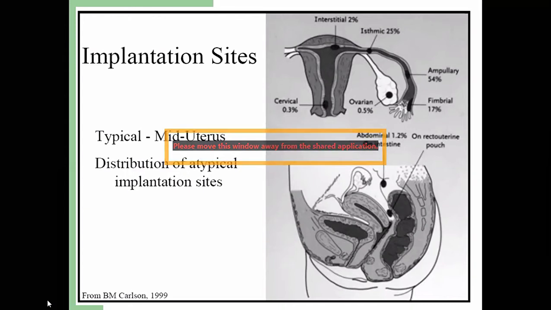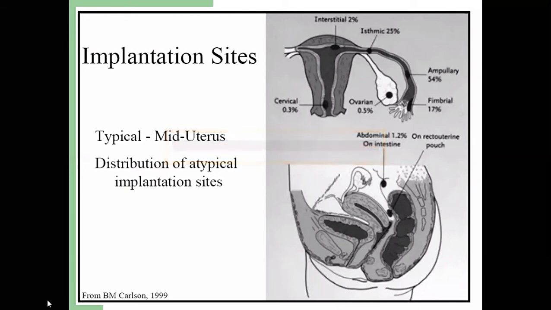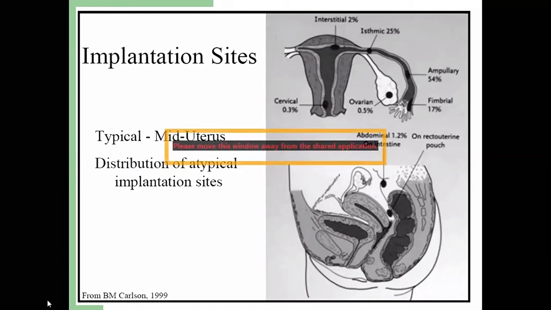So sometimes there will be metastasis to the bladder, because they are contiguous. Okay? And sometimes too, there will be metastasis or extension of the cancer into the rectum.